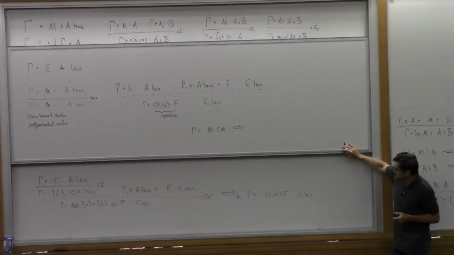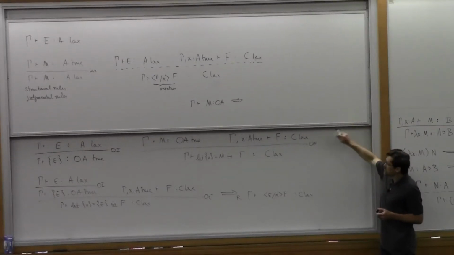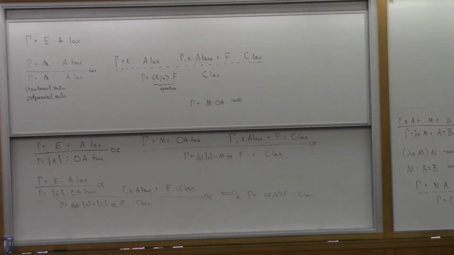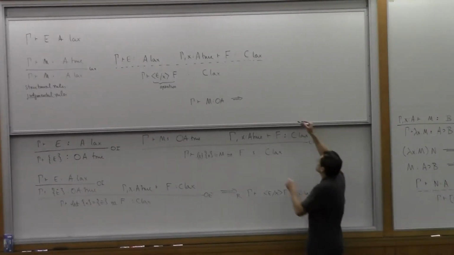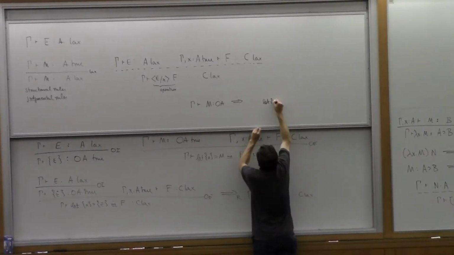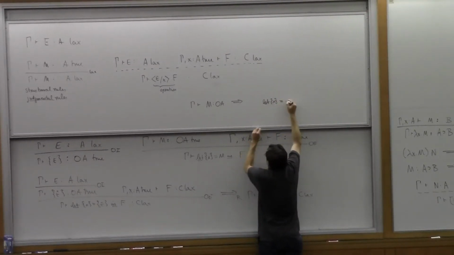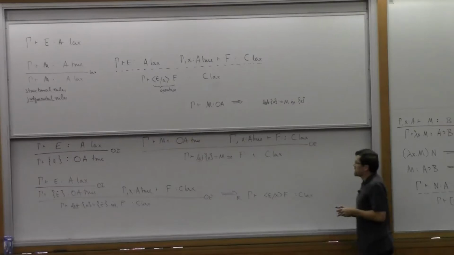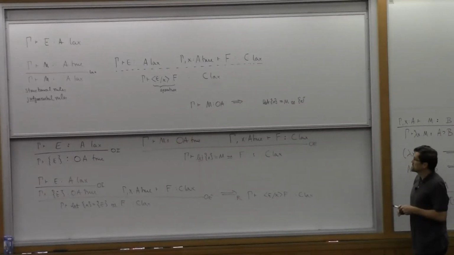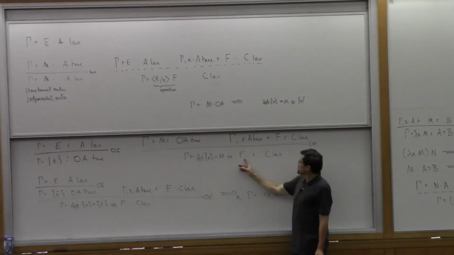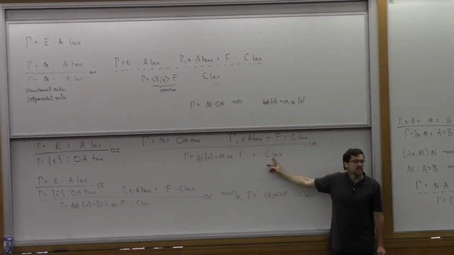Okay, the elimination rule. Probably would help if I left that there. Let {X} = M. So that's actually not quite right, because M is of type circle A. The conclusion of this actually has to be C lax.